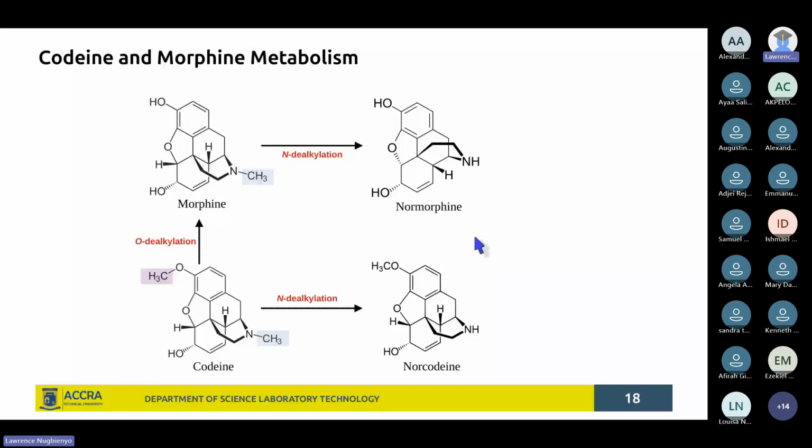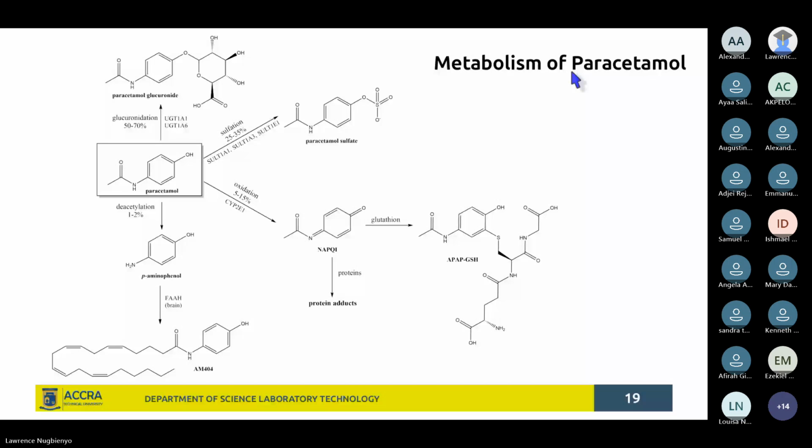Another common analgesic, paracetamol. What occurs with it? So you have the paracetamol and acetaminophen, and you see also undergoing different reactions. So let's take the reaction which is going up, and that reaction is glucuronidation.